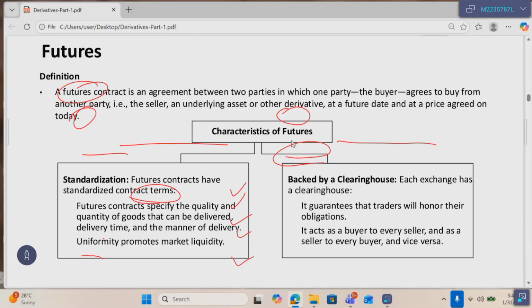That's it. Obviously futures contracts are standardized contracts for the future: defined amount, defined period, defined rates, and so on.